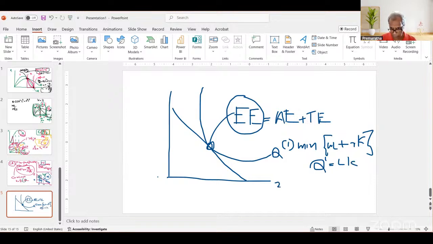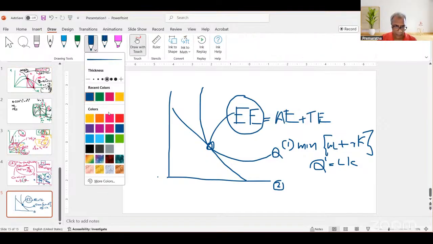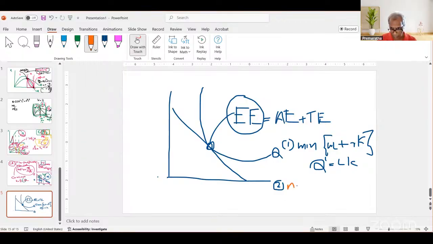Or producers try a different way: maximization. The objective is to maximize output, but the constraint is the given budget. Budget is given, like here.